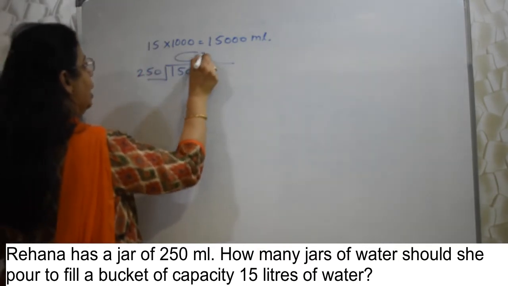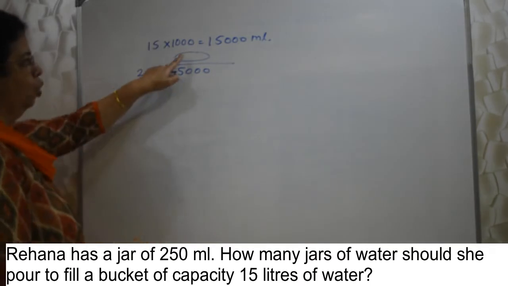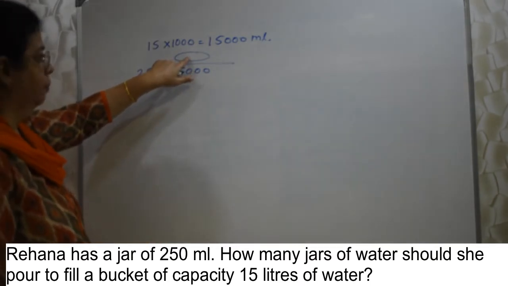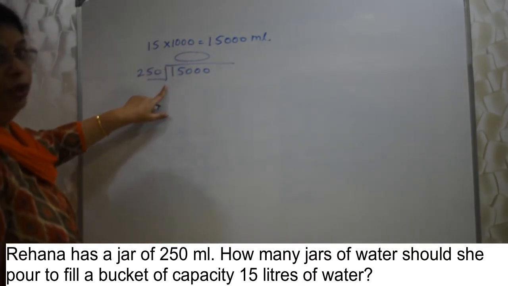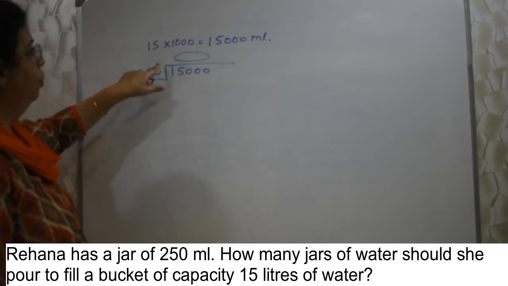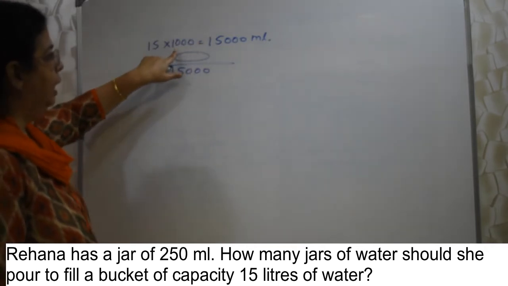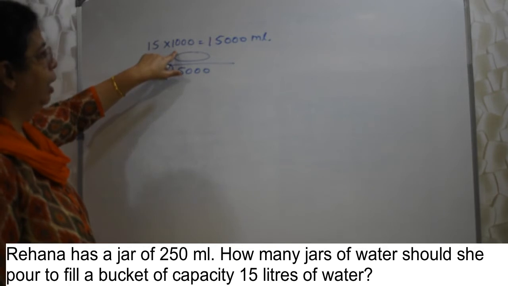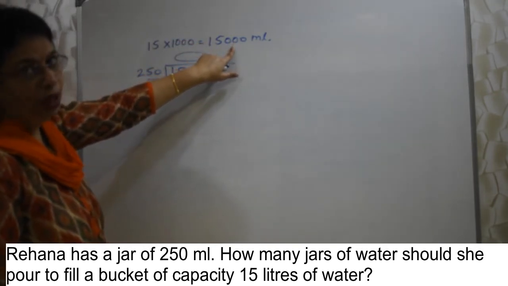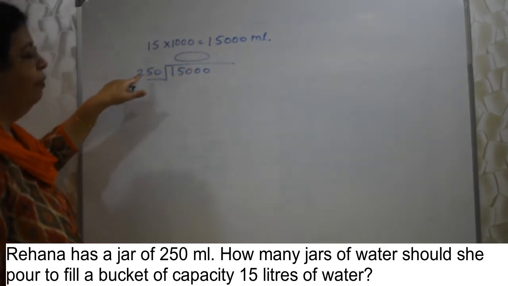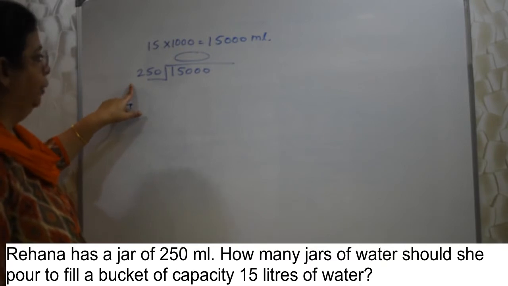Whatever will be the answer, your quotient, that will be your answer. See students, here we are first converting this 15 liters by multiplying by 1000 into ml, 15,000 ml. Then we are dividing it by 250.